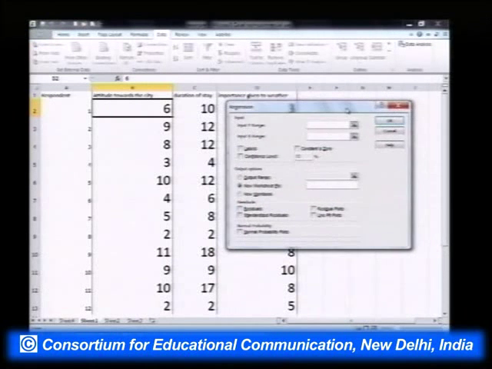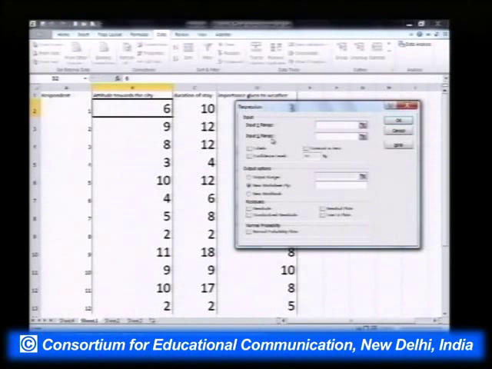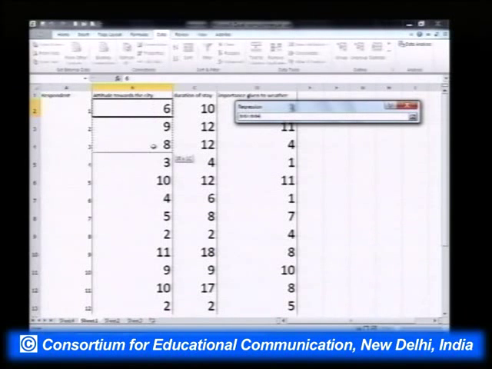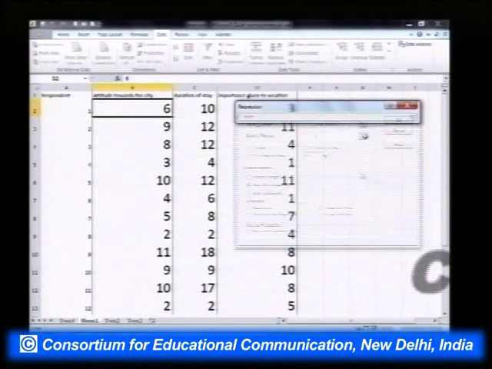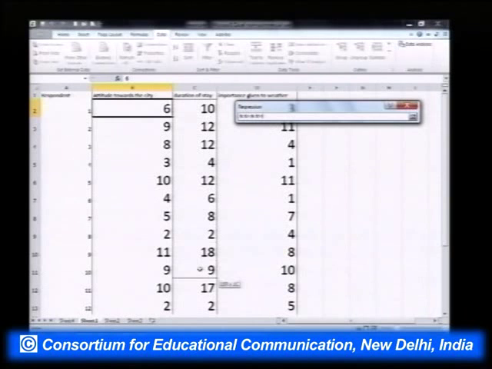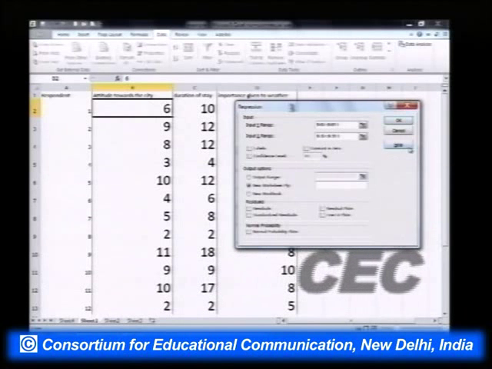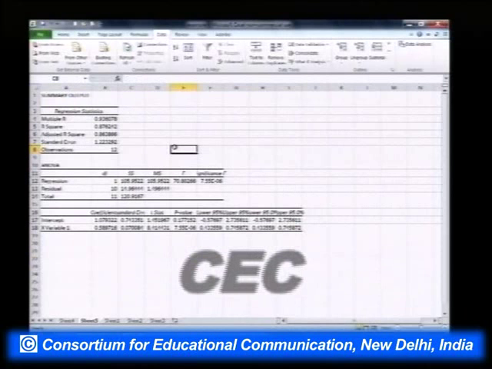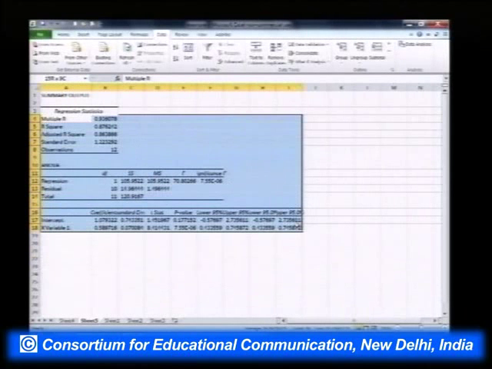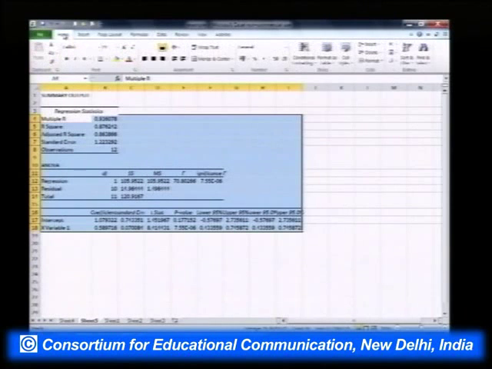You will see that it will ask for y as well as x. Y is the dependent variable and x is the independent variable. So for y, we will select attitude towards the city, and for x, in this case we will select only duration of stay. And then we will say OK. You see we get a similar output to what we have shown in the PPT.